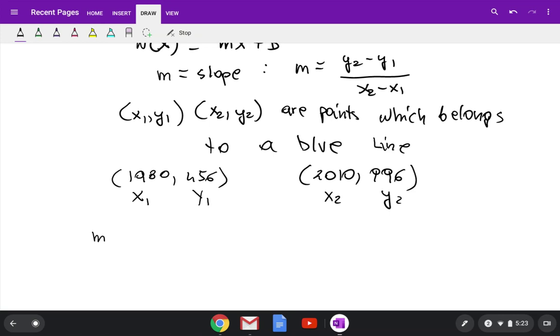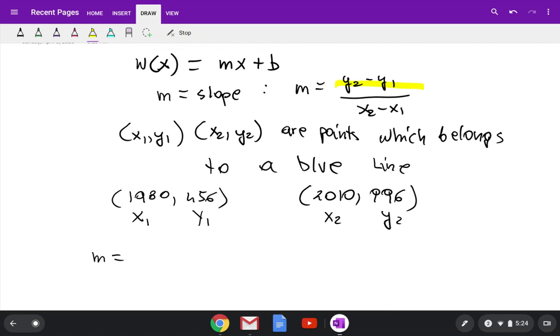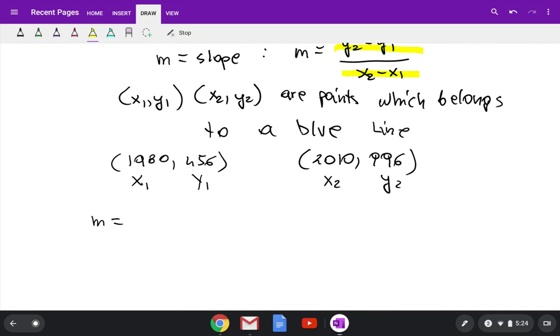So you need to find the slope. The slope equation again is y2 minus y1 over x2 minus x1. In our case, we have 996 minus 456 over 2010 minus 1980.